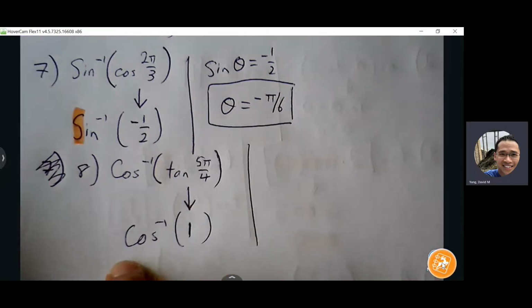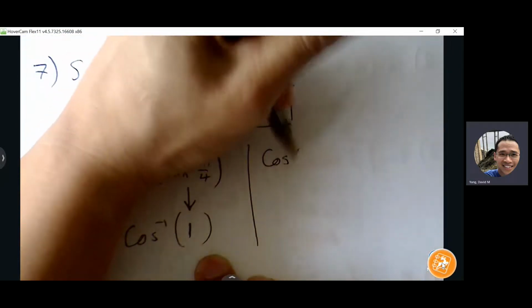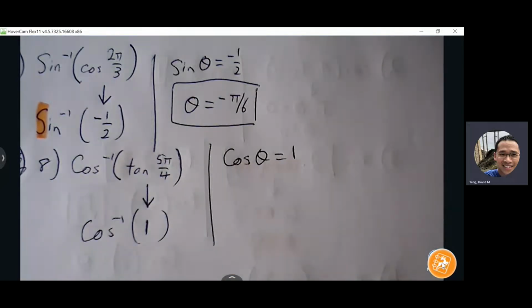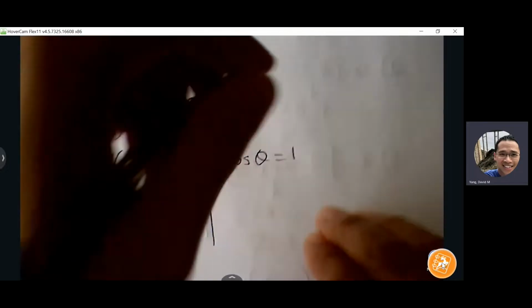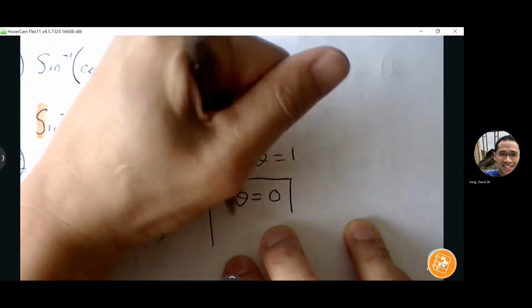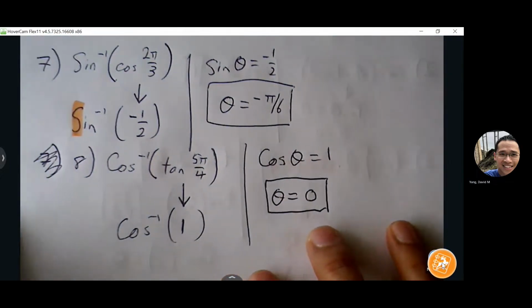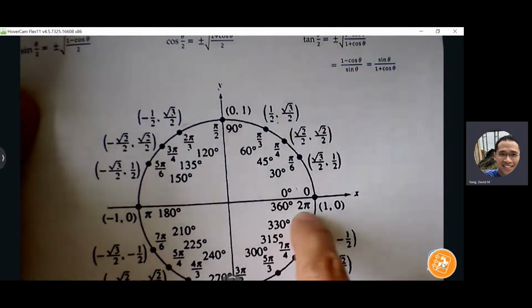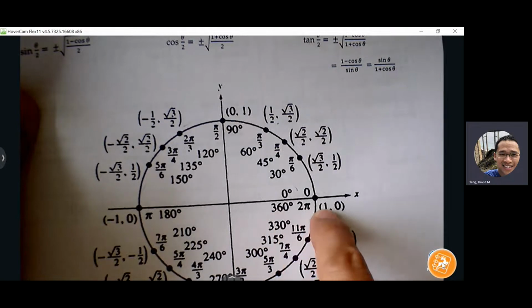Inverse cosine, positive, should be easy to find. Cosine of what is equal to 1? But remember, cosine is only between 0 and pi because of uppercase. So just 0. Cosine of 0 is equal to 1.